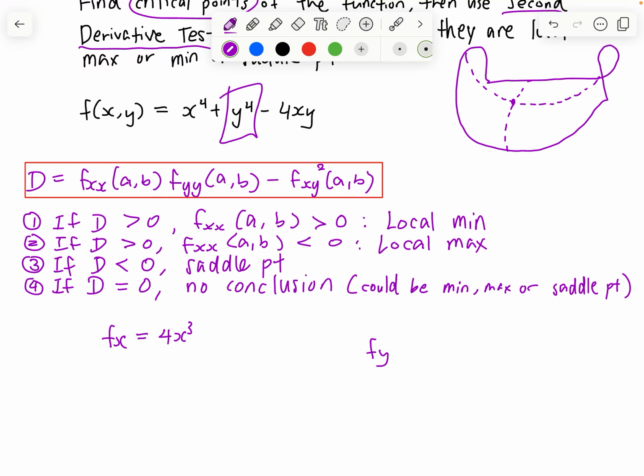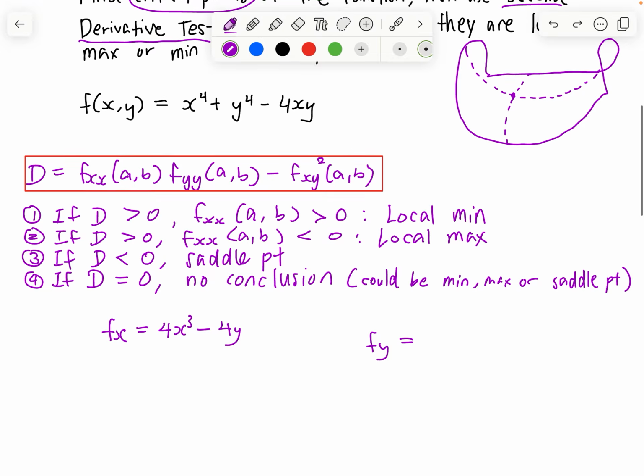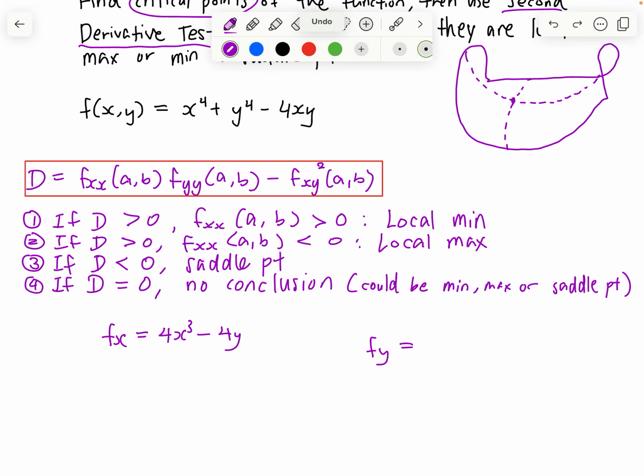The y to the power 4 is a constant, so that disappears, and for negative 4xy, treating y as a constant, x by itself goes away, so the derivative is negative 4y. On the other hand, for f_y, we do the same thing. Now x is a constant, so x to the power 4 disappears, and the derivative is 4y cubed minus 4x.